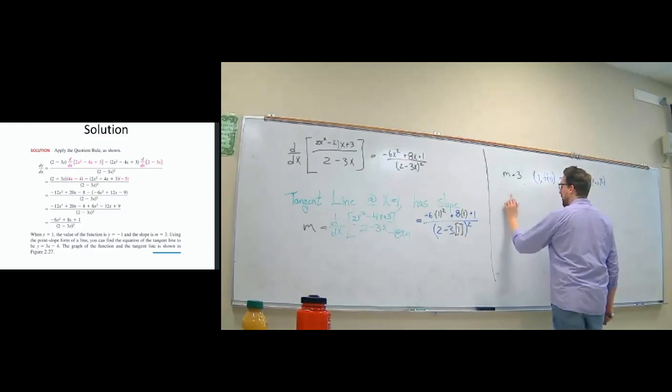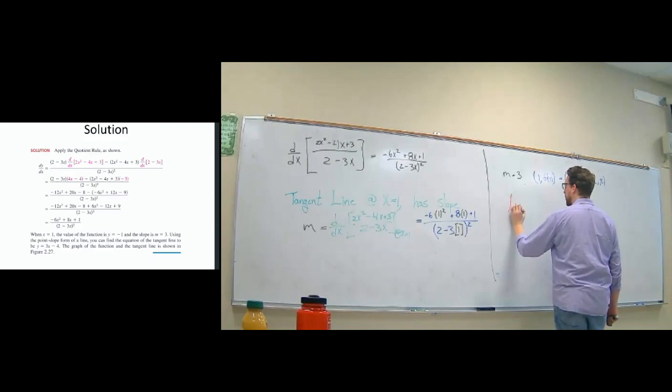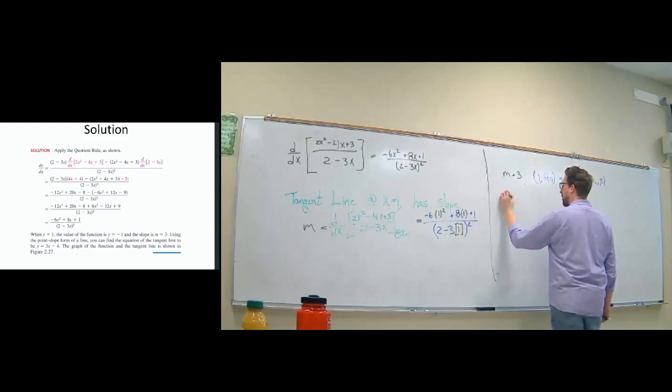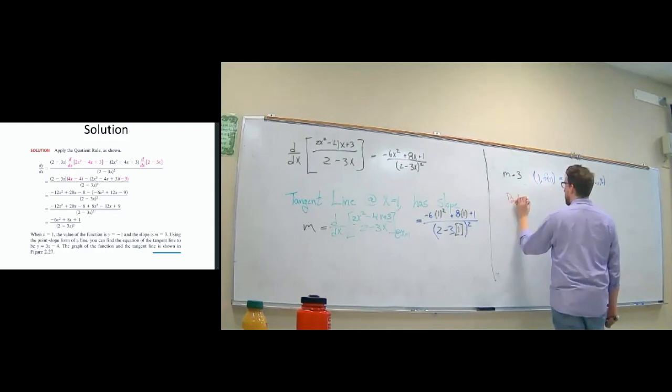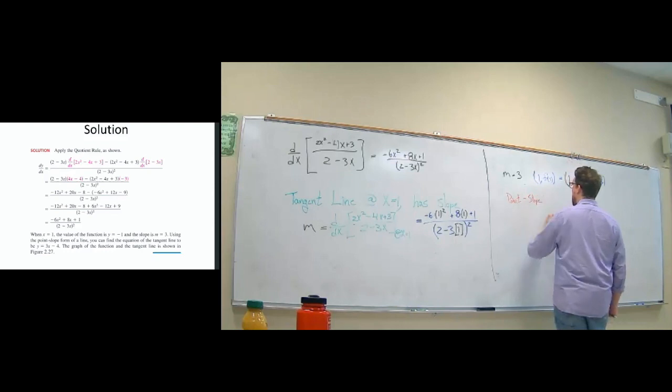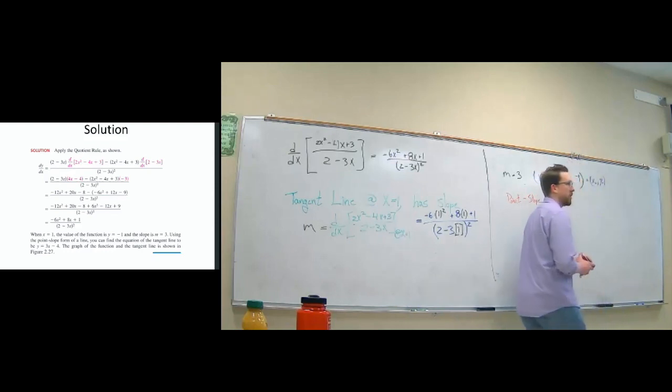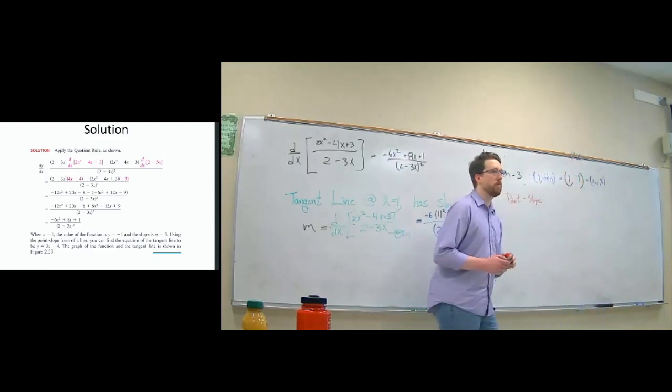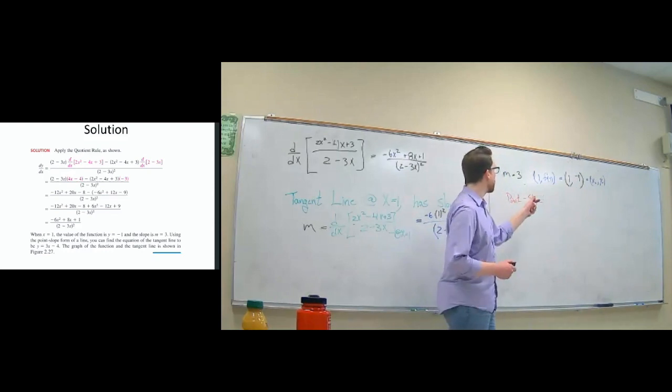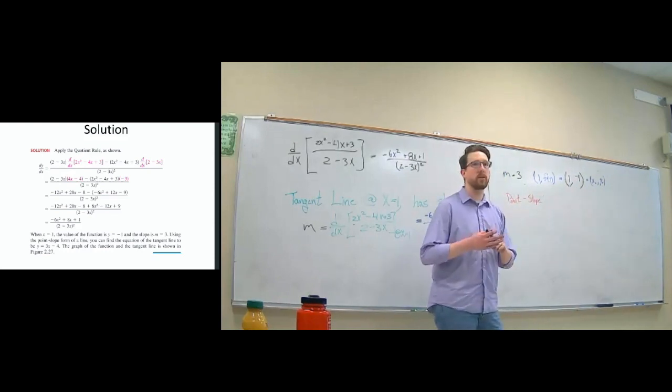Now, the tangent line of x is going to be found by putting all this through point slope form. Agreed? Just going to put it through point slope form now to find that tangent line.